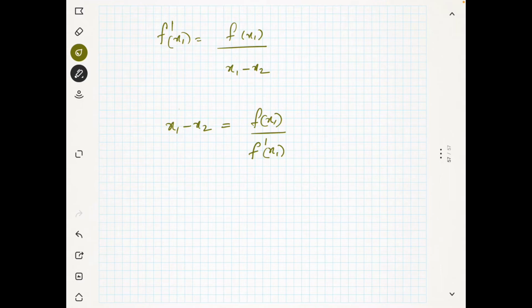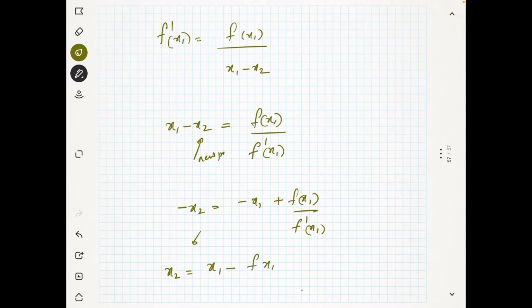Now I want to find the new point. So my new point is this one. This is my new point. Okay. So I can write minus x2 is equal to minus x1 plus f of x1 divided by f dash of x1. So I multiply with minus 1 on both sides. So x2 is equal to x1 minus f of x1 divided by f dash of x1.